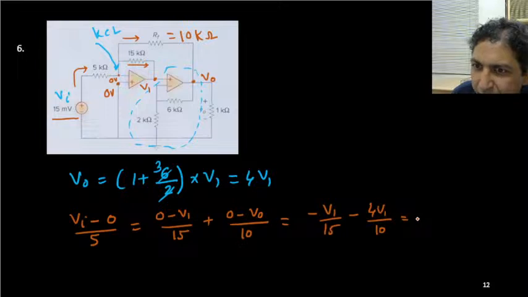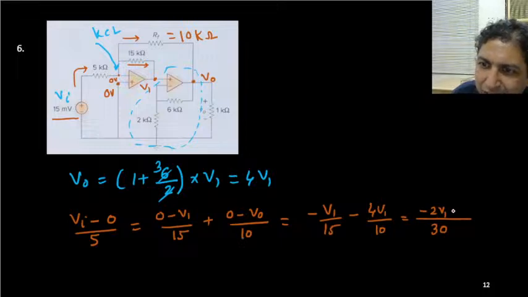Okay. So if I go for LCM, it is 30 probably, and this is minus 2V1 and it is 3 minus 12. Is it right?